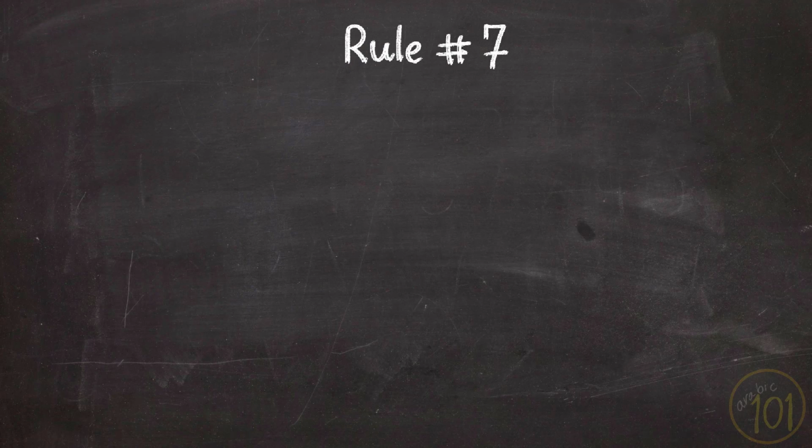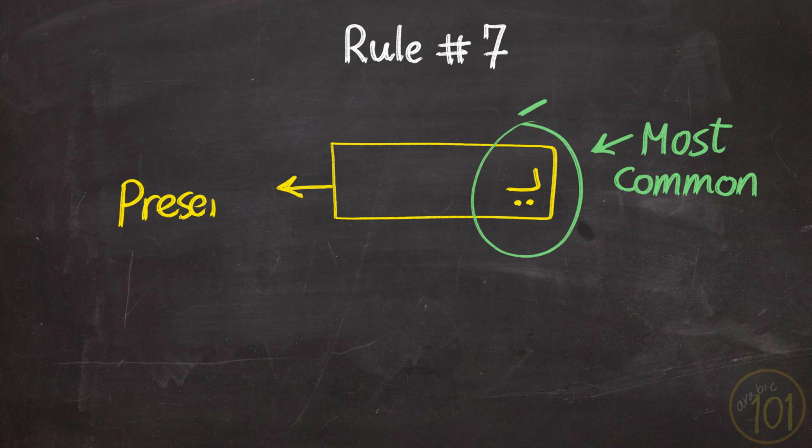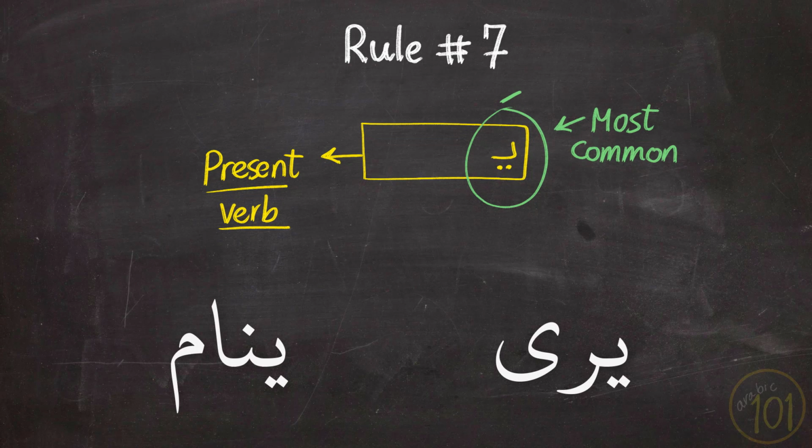Rule number 7. If a word starts with ya, you should first start adding fatha on the ya, since this is the most common use for it when it comes at the beginning of the word. The reason is that every single verb in the present form must start with ya that has fatha. Like these two examples.